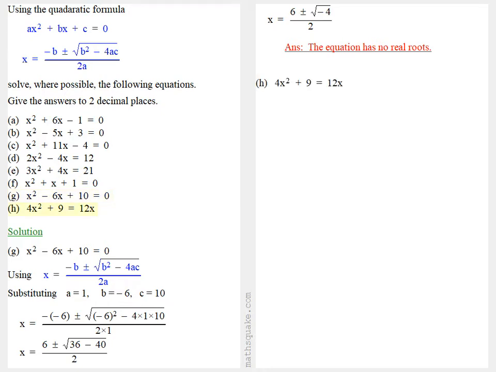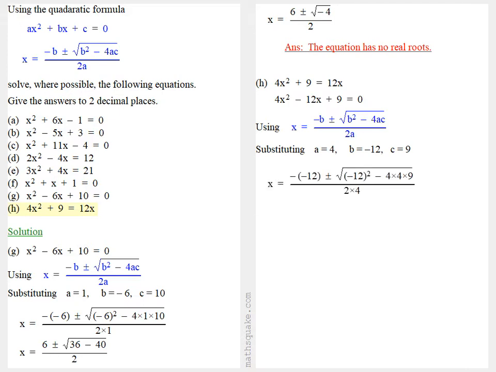Now in question 8, we've got 4x squared plus 9 equals 12x. We need to put that in standard form. That's 4x squared minus 12x plus 9 equals 0, and so in the formula we substitute a is equal to 4, b is equal to minus 12, and c is equal to 9. This gives us x is equal to minus minus 12 plus or minus the square root of minus 12 squared minus 4 times 4 times 9 all over 2 times 4.